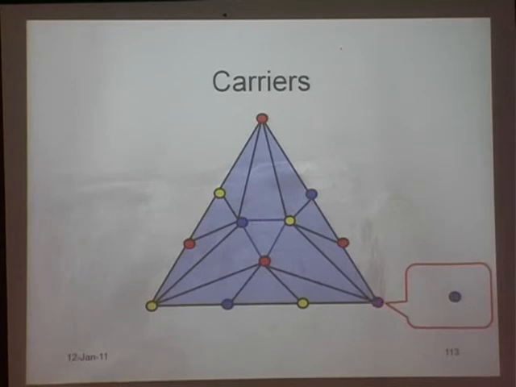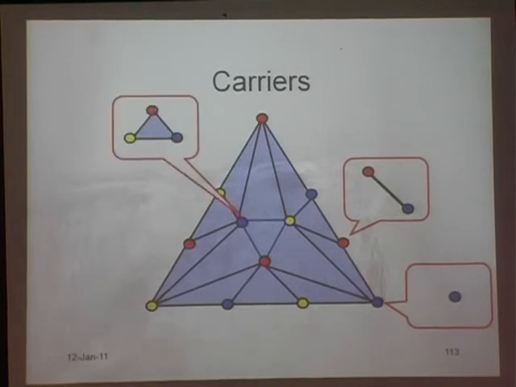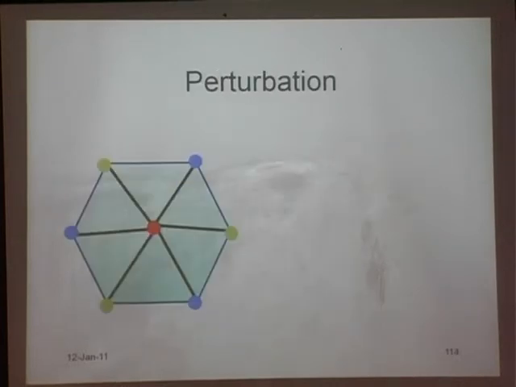So the carrier of the blue vertex in the corner here is itself. The carrier of the red vertex here is this edge here. And the carrier of this one is the internal, this is the entire triangle.